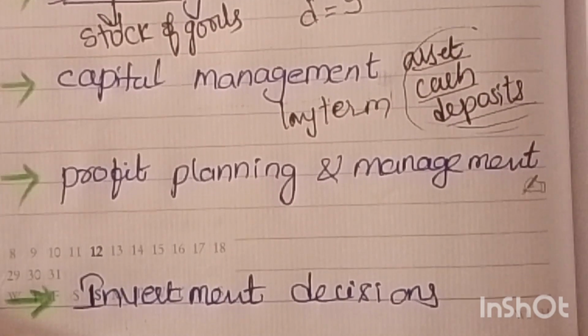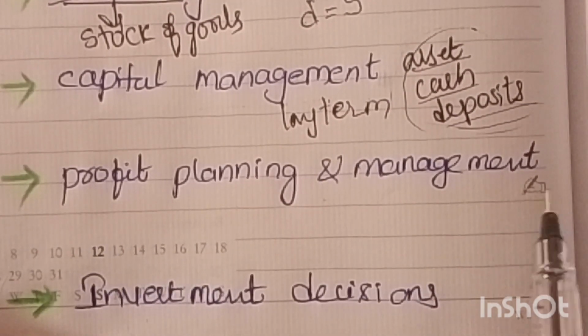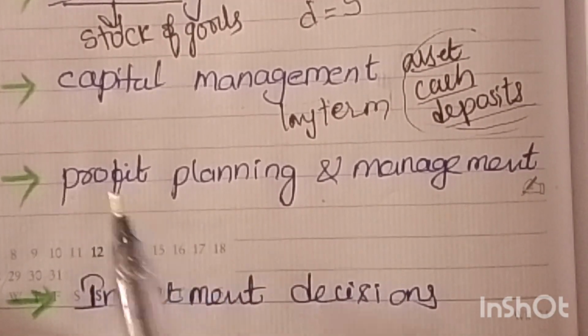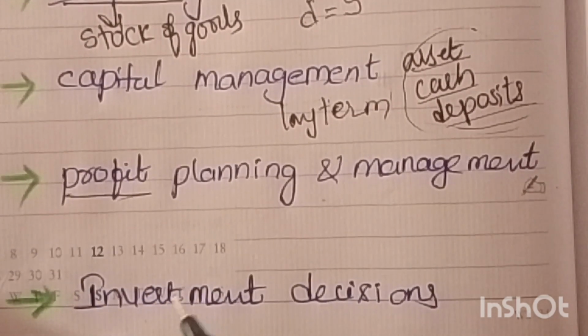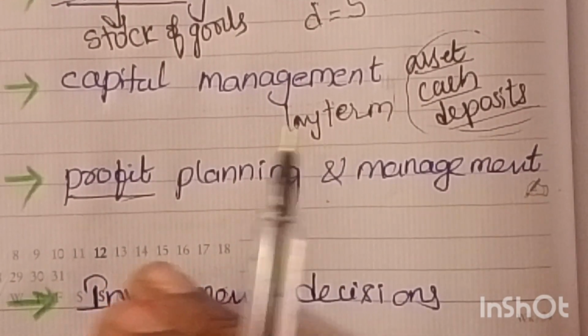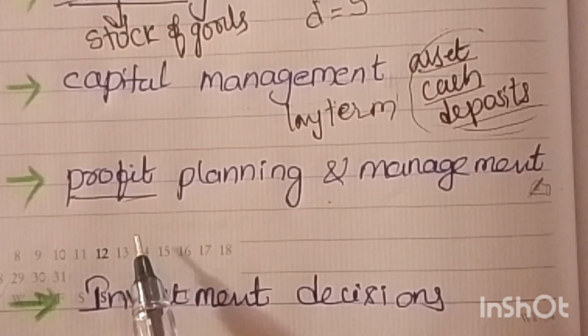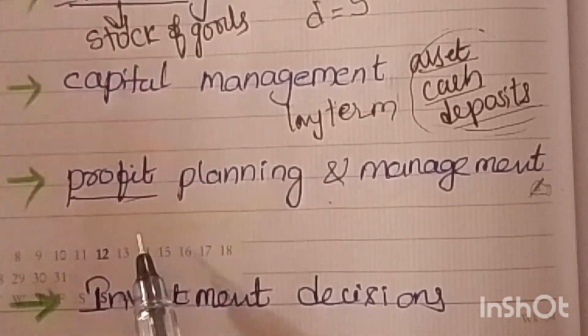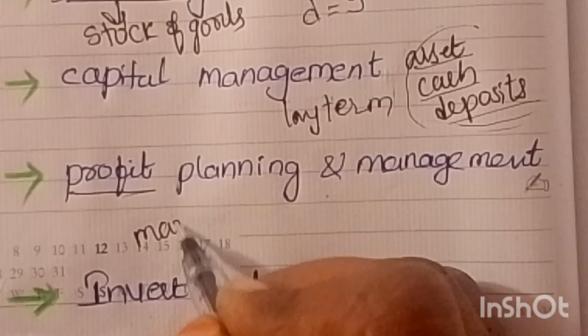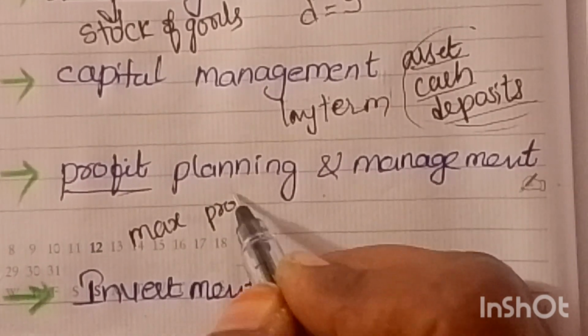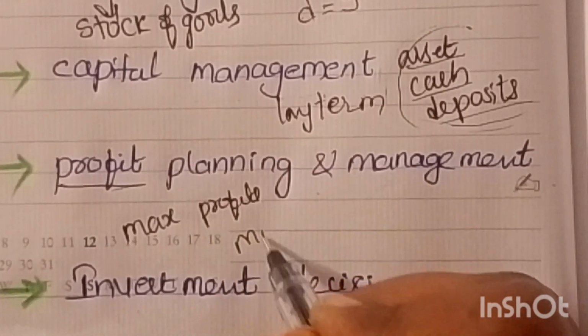Next one is profit planning and management. So what is a profit? Every organization wants to earn profits. The main objective of every organization is to maximize the profits and minimize the costs.